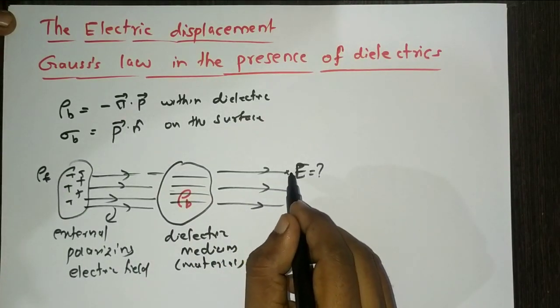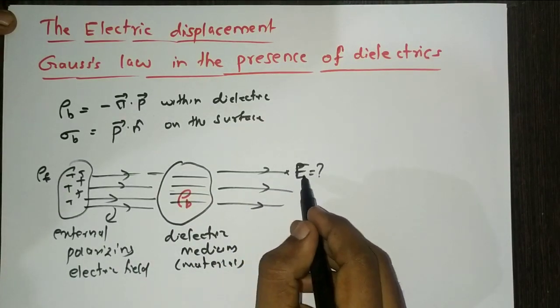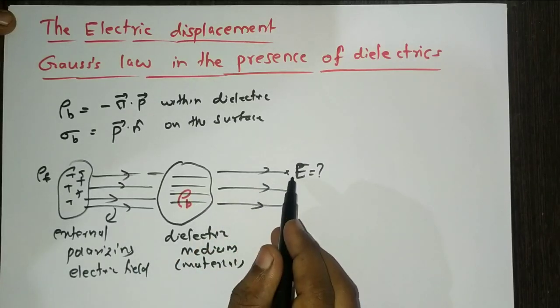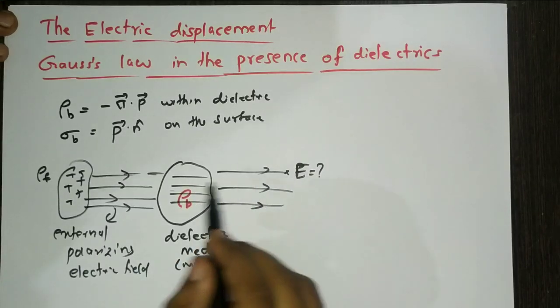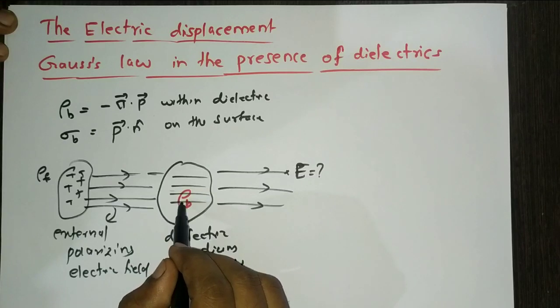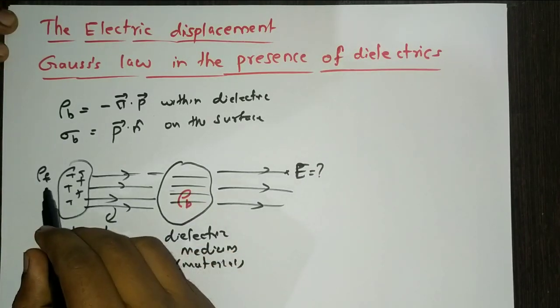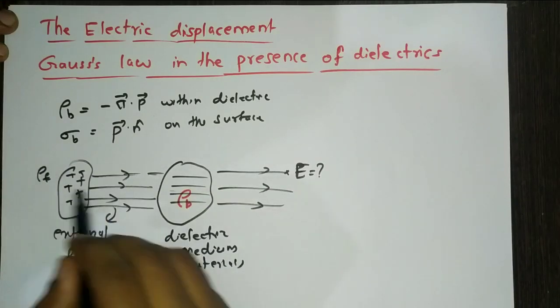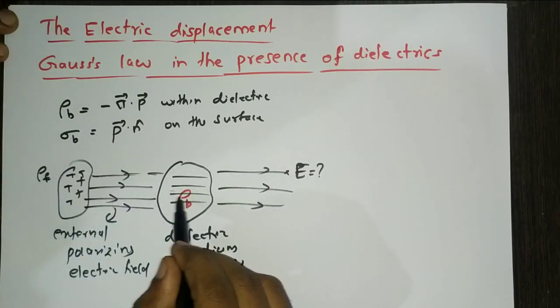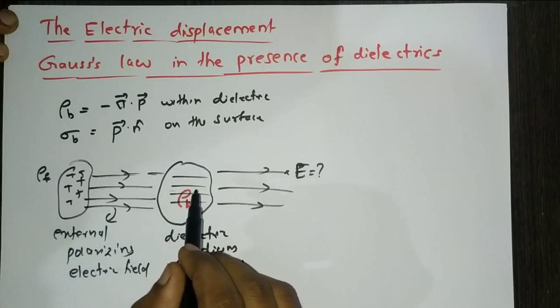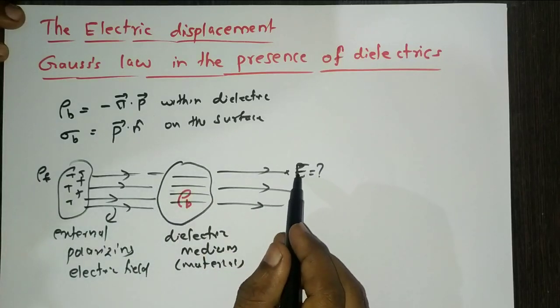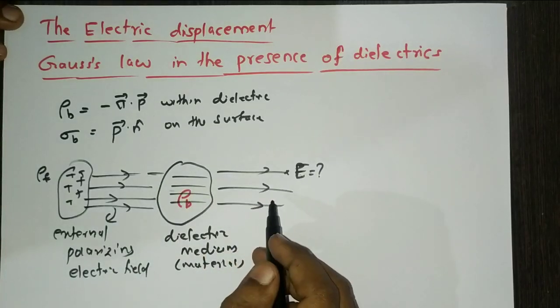Now the electric field E at this point that I need to find out is not only due to this bound charge, but also due to the free charge. Both this bound charge and this free charge produce an electric field at this point.